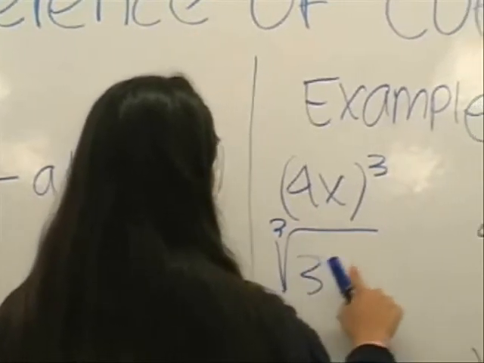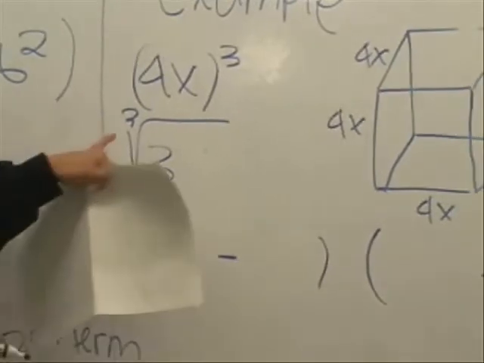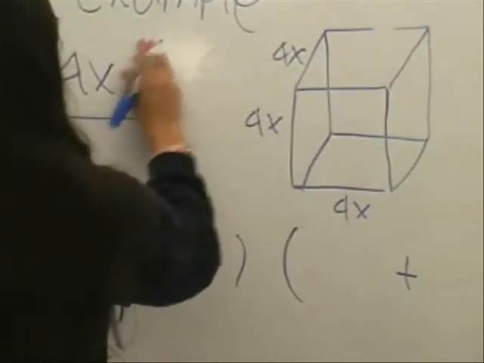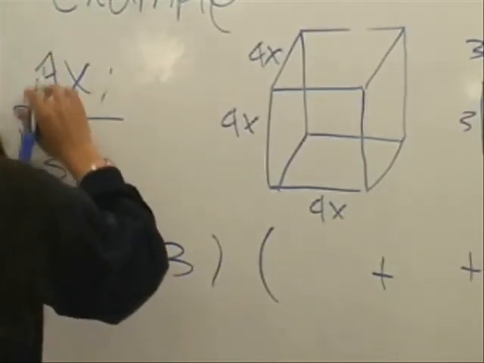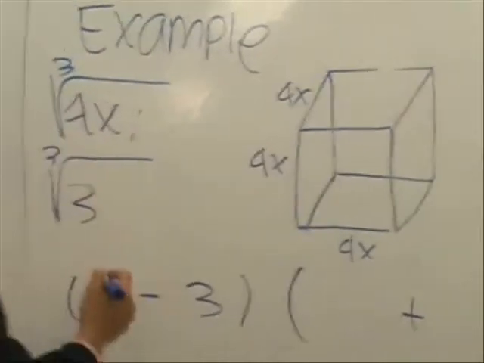And we get rid of them. So the cube root of 3 is 3. And of 4x is 4x.